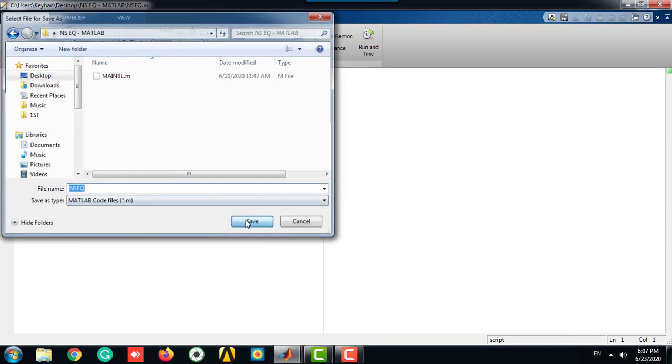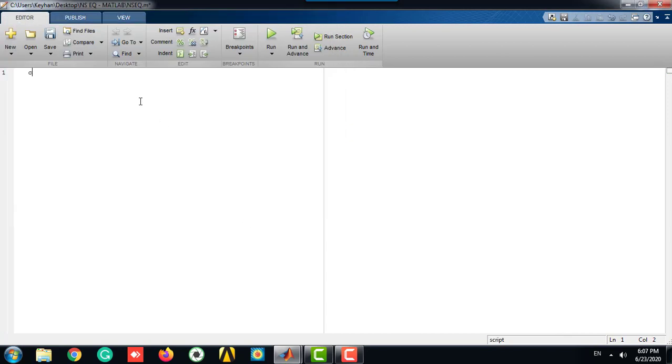We start by writing clc, clear, and format long at the beginning. Then we define inputs.